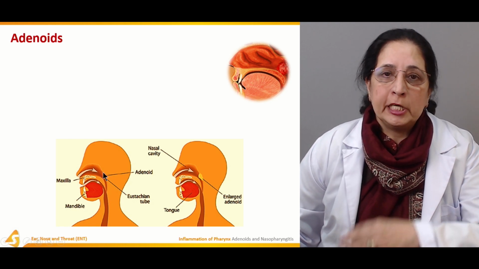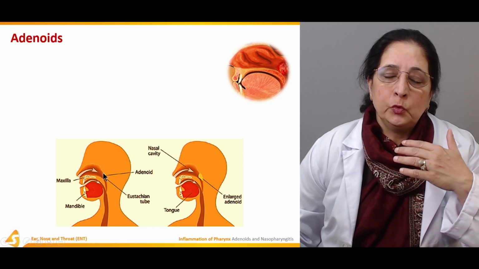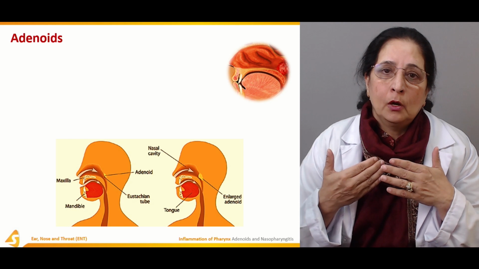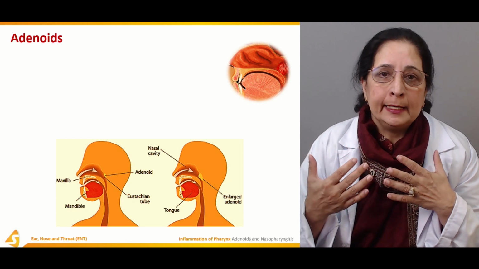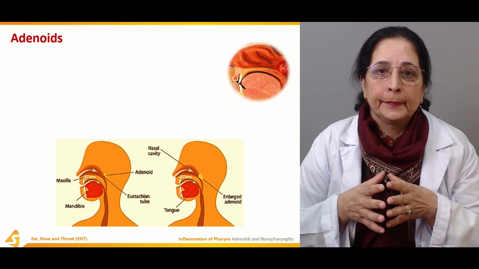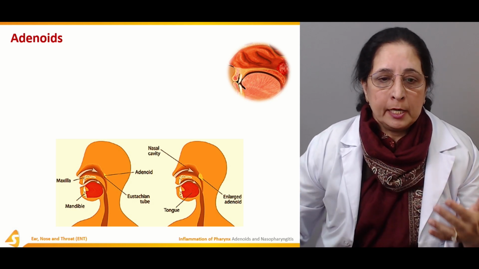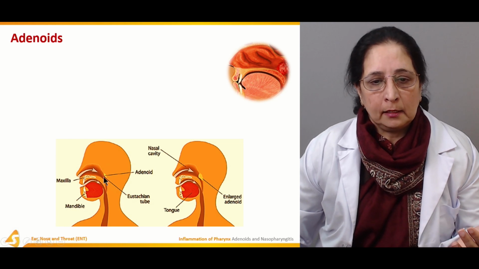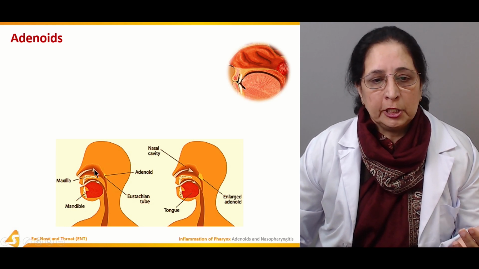This is the eustachian tube. The eustachian tube connects the throat or the pharynx to the middle ear and maintains the air pressure in the middle ear cavity. So adenoids are very closely related to that.